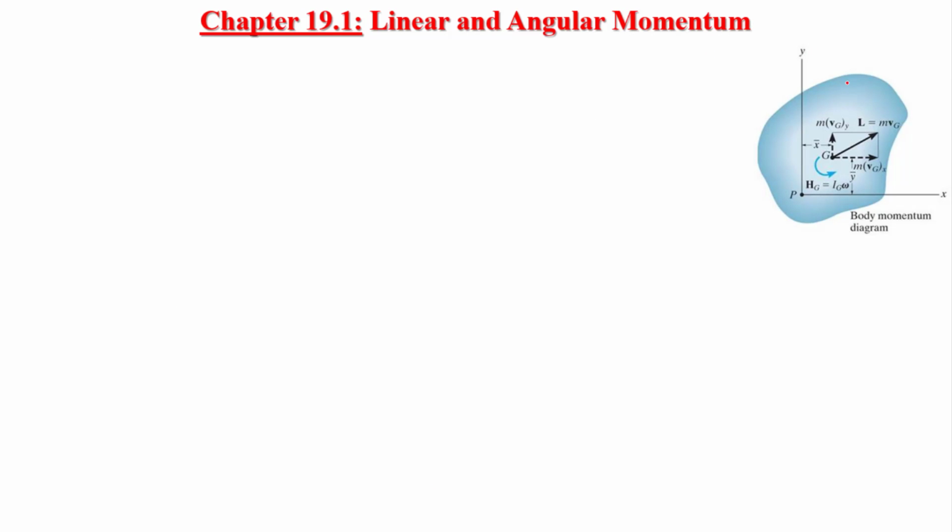So here is another rigid body, okay, and for this rigid body, the centroid moves in this direction with velocity. If I use an xy coordinate system, then this velocity has an x component, m multiplied by vgx, which I can call Lx. And we have a vertical component, m multiplied by vgy, which I can call Ly. The square root of the sum of their squares is L, which is equal to m vg, and both of them are bold.